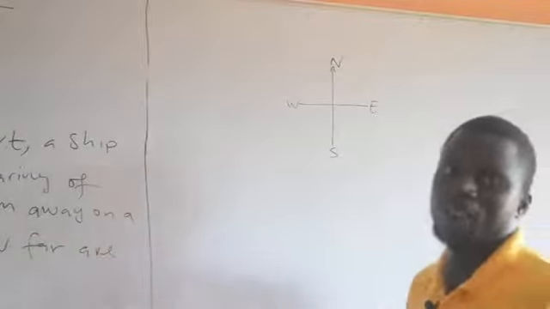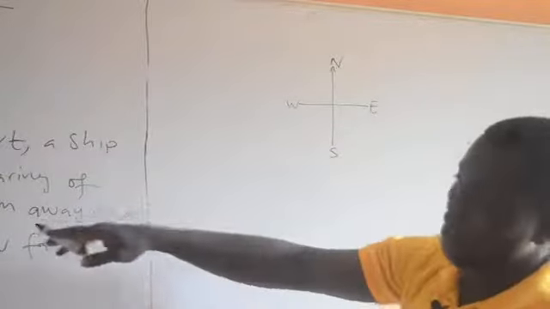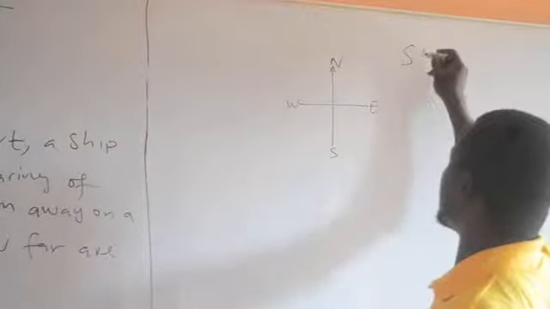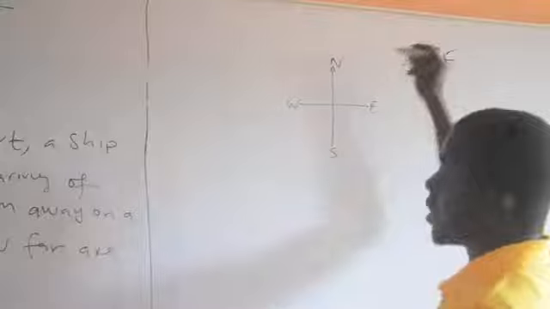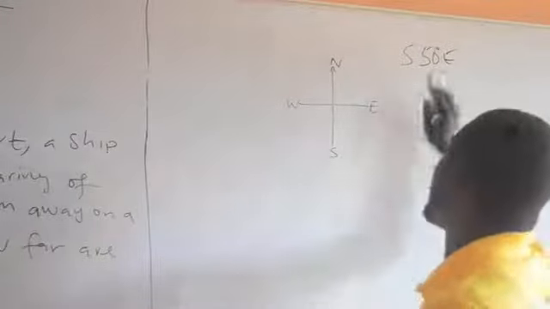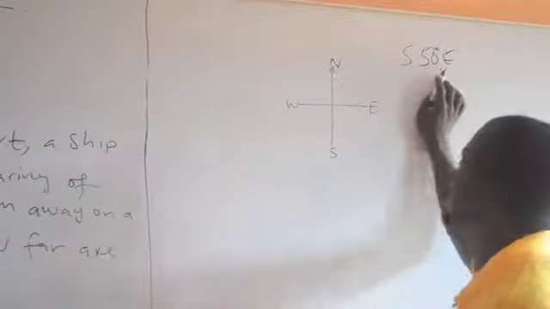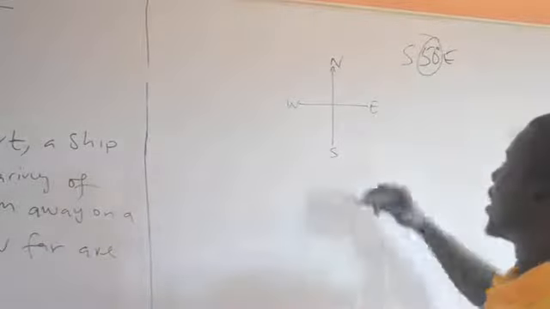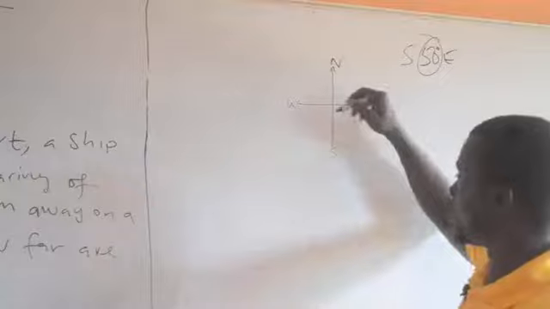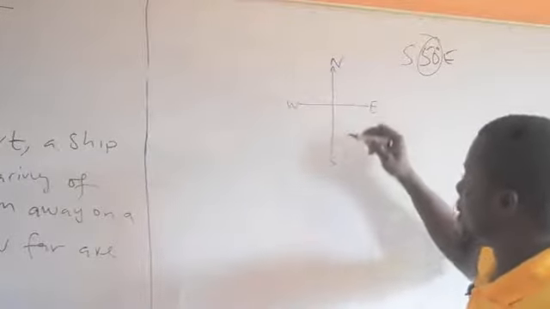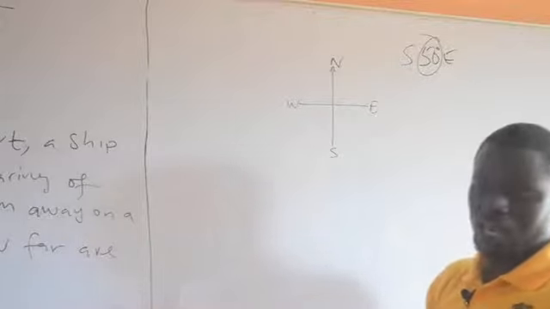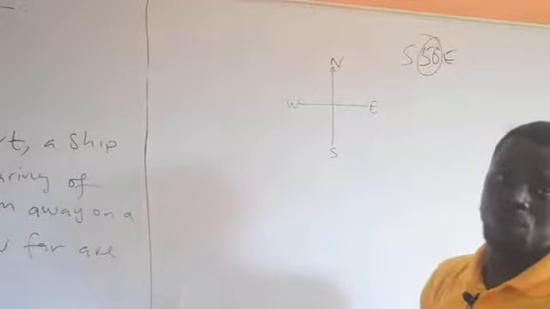Alright, so what do you represent south 50 degrees east? South 50 degrees what? East. Now, if we have south and east, the angle here is 50 degrees, between south and east. This is south, this is east, so it must fall between this place. You were taught in class something about compass bearing.